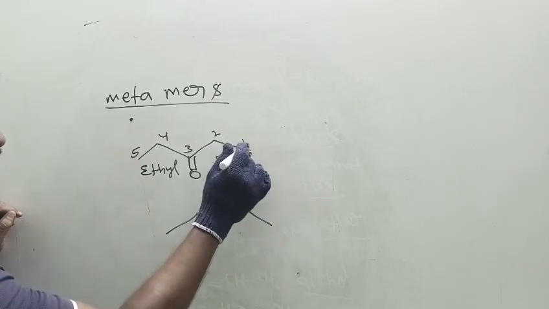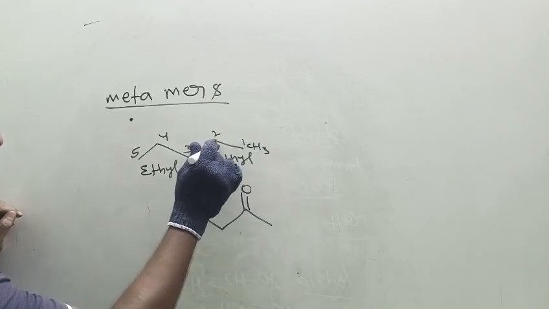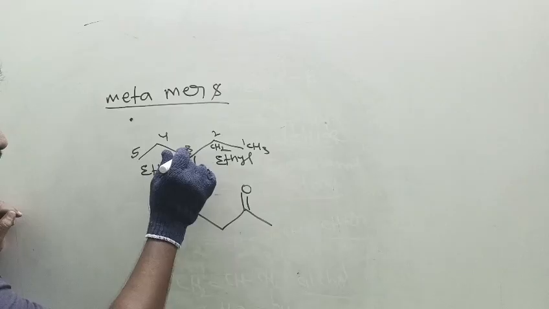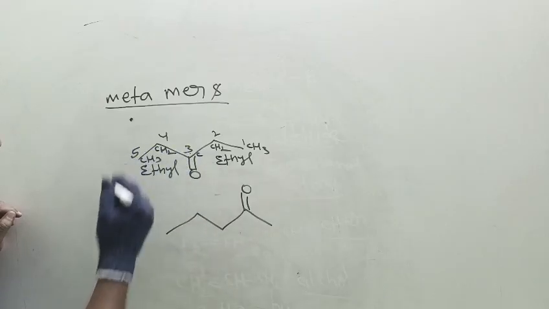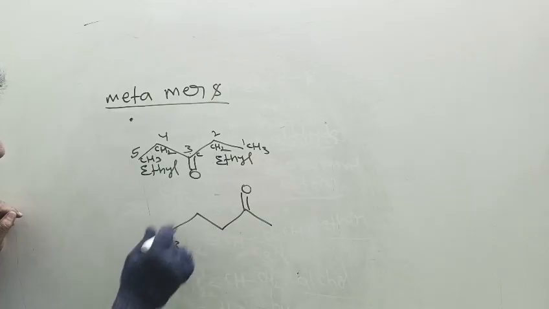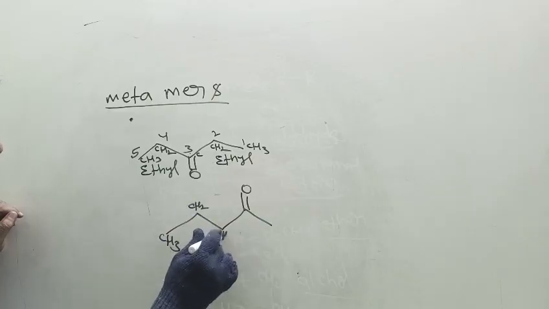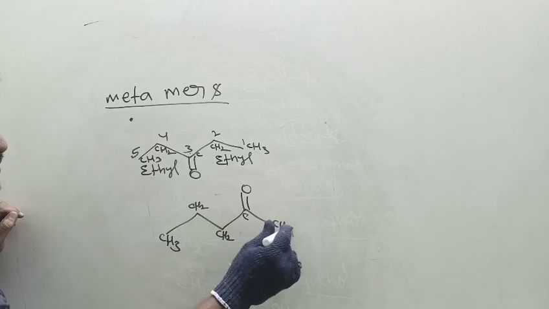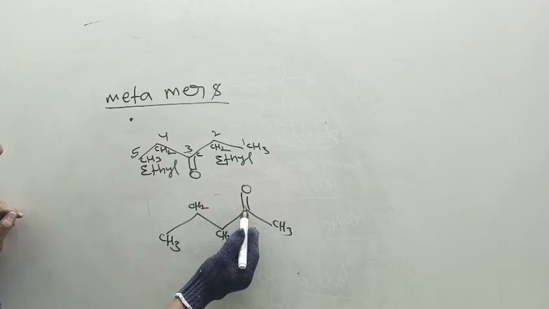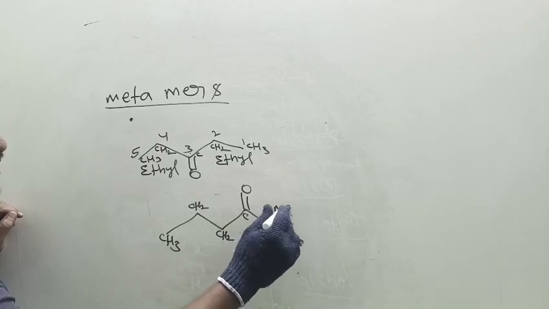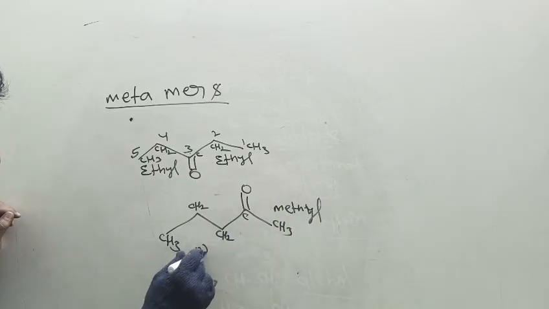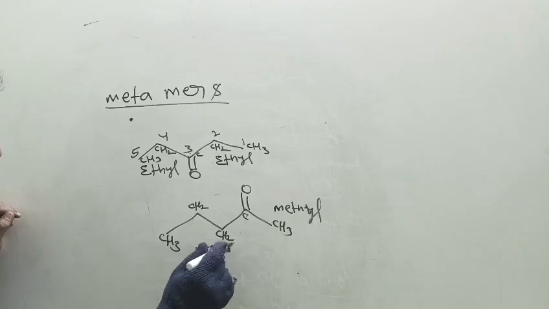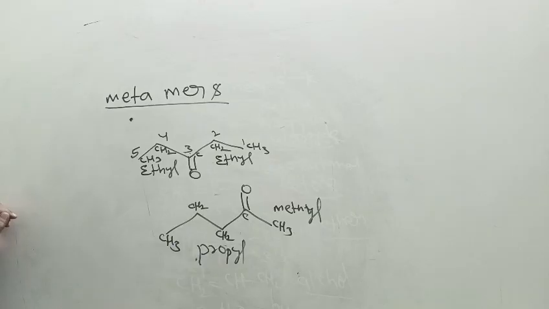It has a molecular formula CH3CH2, here just C, here CH2CH3 groups are present, and here also CH3CH2CH2CH3 groups are there. For this functional group, the left side is a methyl group CH3 and the right side 3 carbon propyl group is present.